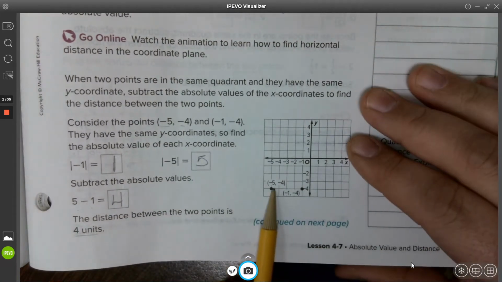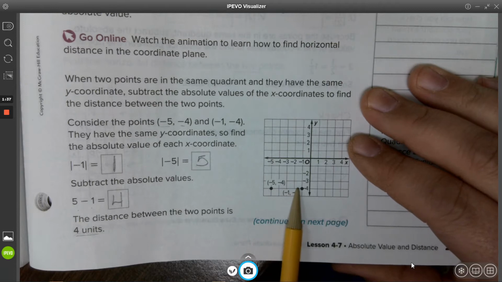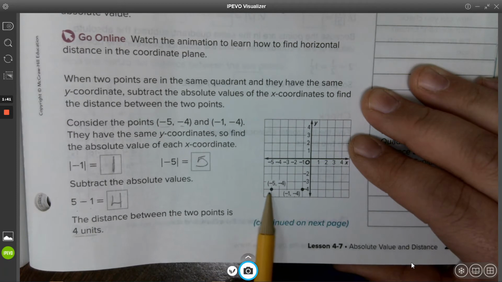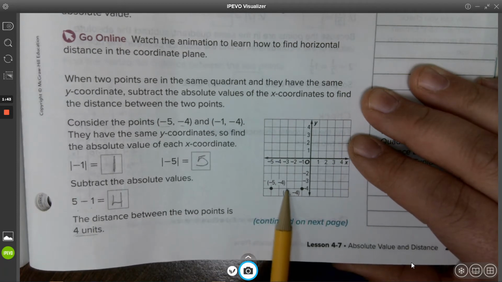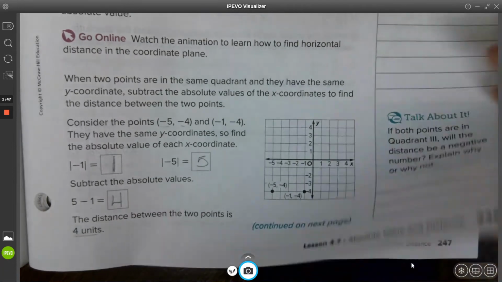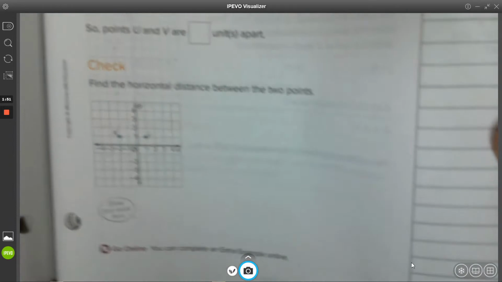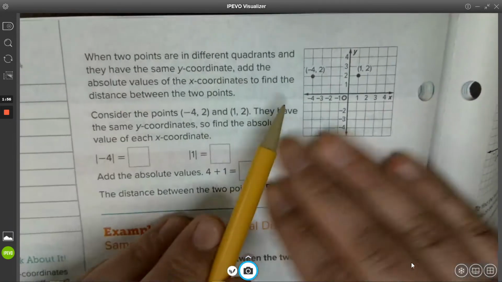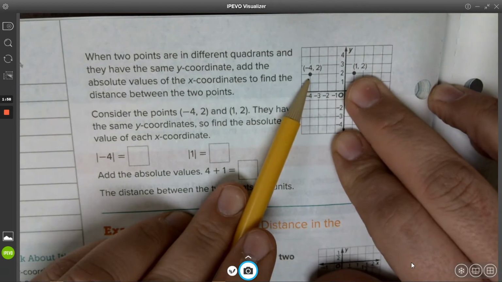So we can also just go ahead and take a look. If we're looking across the line here, 1, 2, 3, 4, we can see that it is 4 units from one to the other. So basically you're finding absolute value and then adding or subtracting depending on the signs. In this case, this would be where we have different signs.